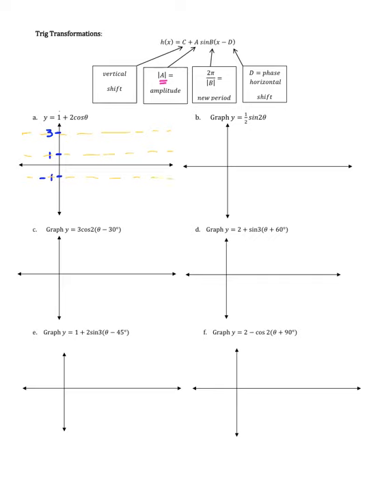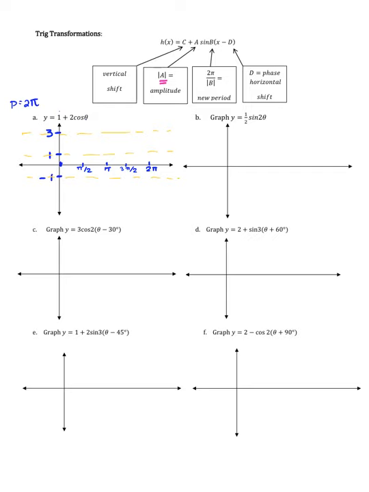And this one is nice because your period is going to be 2 pi, and we get to start at 0, so that's going to make it really nice. So I'm starting at 0, I'm ending at 2 pi, which means halfway is pi, so this is pi over 2 and 3 pi over 2, just like the unit circle.